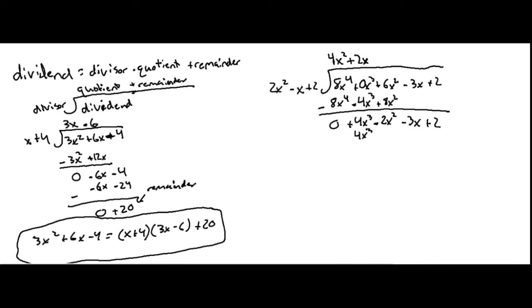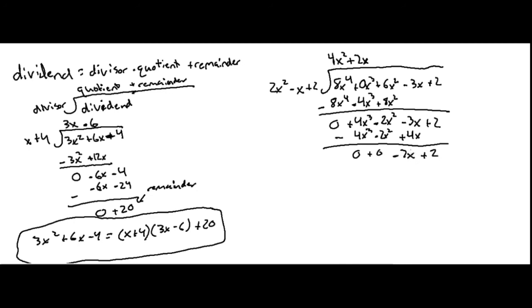Now negative x times 2x will give us negative 2x squared. Now positive 2 times 2x will give us positive 4x. Now let's subtract these terms. So 4x cubed minus 4x cubed is 0. Negative 2x squared minus a negative 2x squared is 0. And negative 3x minus a positive 4x will be negative 7x. Bring down 2.